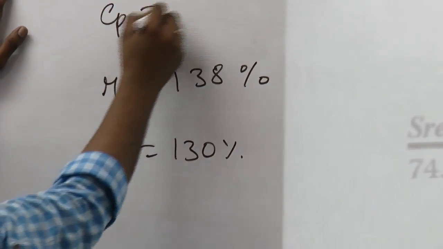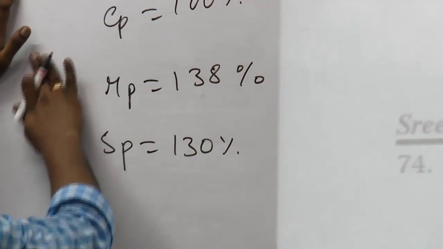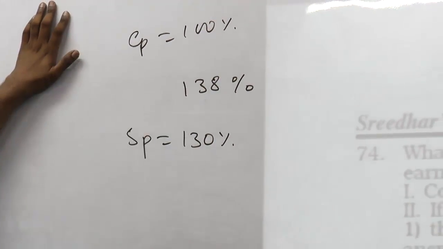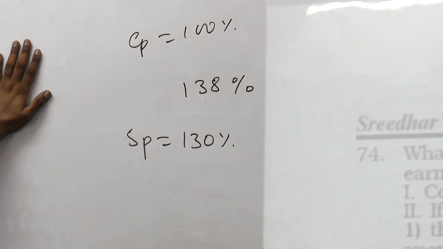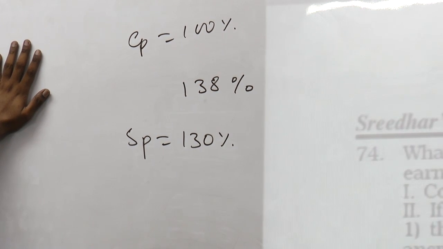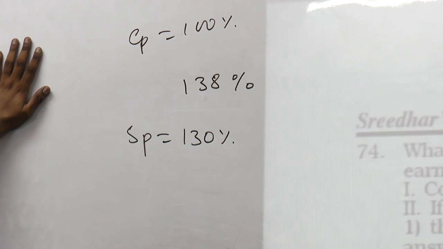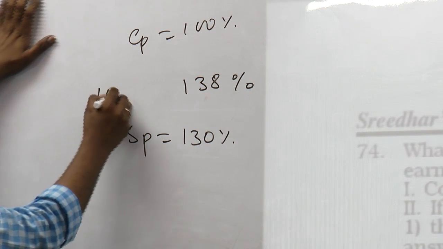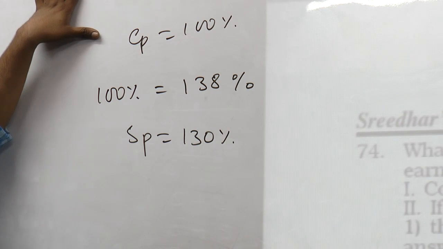Cost price is 100%. If you are getting 38% profit, what is its value? 138%. Did you allow any discount percentage? So you are selling it at 100% of the market price. Right?